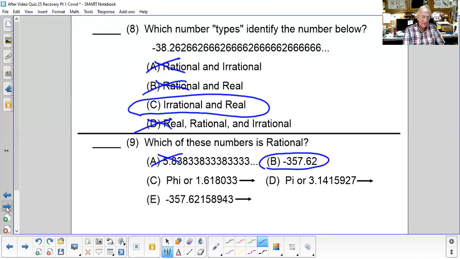Look at C. Phi, or 1.618033, with the arrow after it. What does my arrow mean? That's the Kellyism arrow. It means if it's after a decimal, that decimal goes on forever and it's all over the place, right? So that's definitely an irrational number. Pi, 3.1415927, does continue all over the place as well. And it has an arrow after it, so you know it's irrational. And E obviously has to be irrational because it has an arrow after it.